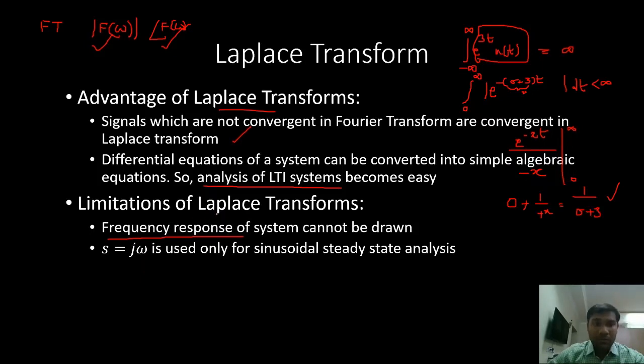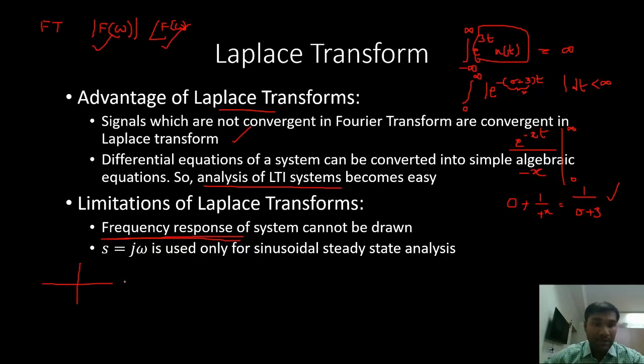So then what can we find using Laplace transform? By using Laplace transform, I can say directly by looking at the Laplace transform for which values of sigma my Laplace transform is existing. By looking at that, I can say if my system is stable or not, directly by looking at the graph, right?